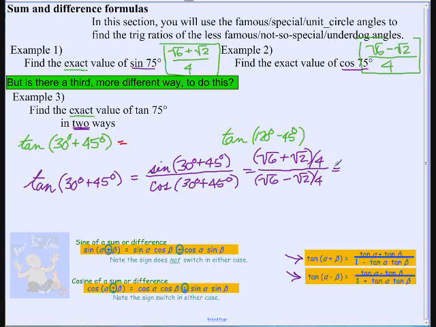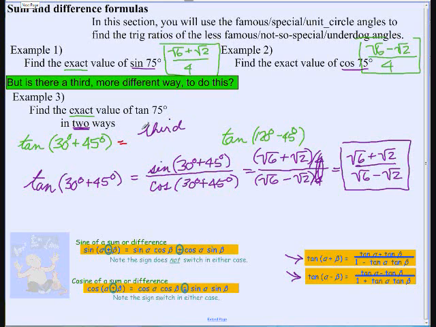Or think of it as being divided by 4. So those will cancel out, and I'll have square root of 6 plus the square root of 2 over square root of 6 minus the square root of 2. And I could rationalize that if I wanted to. Okay? So that was a third way, using the quotient identity.